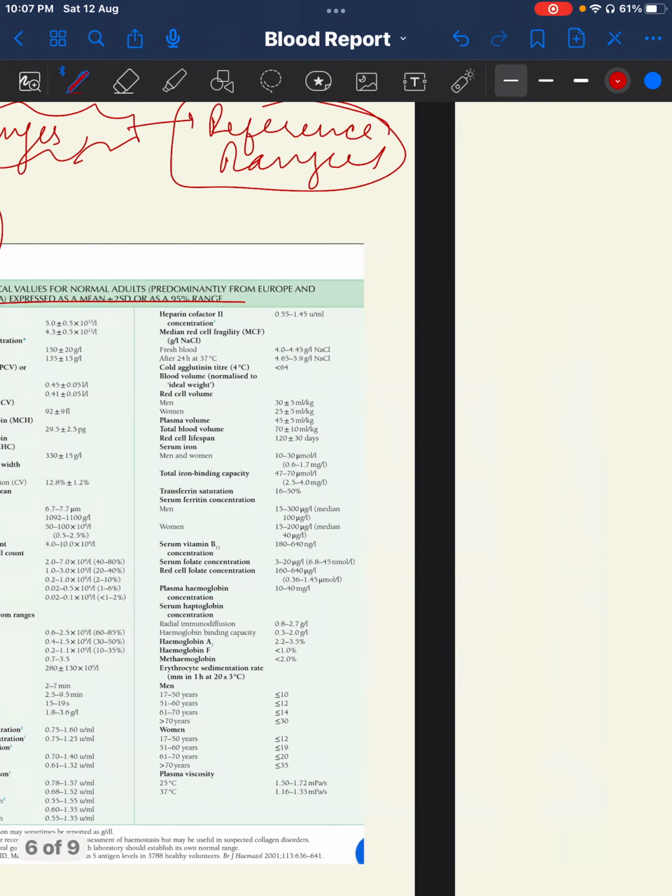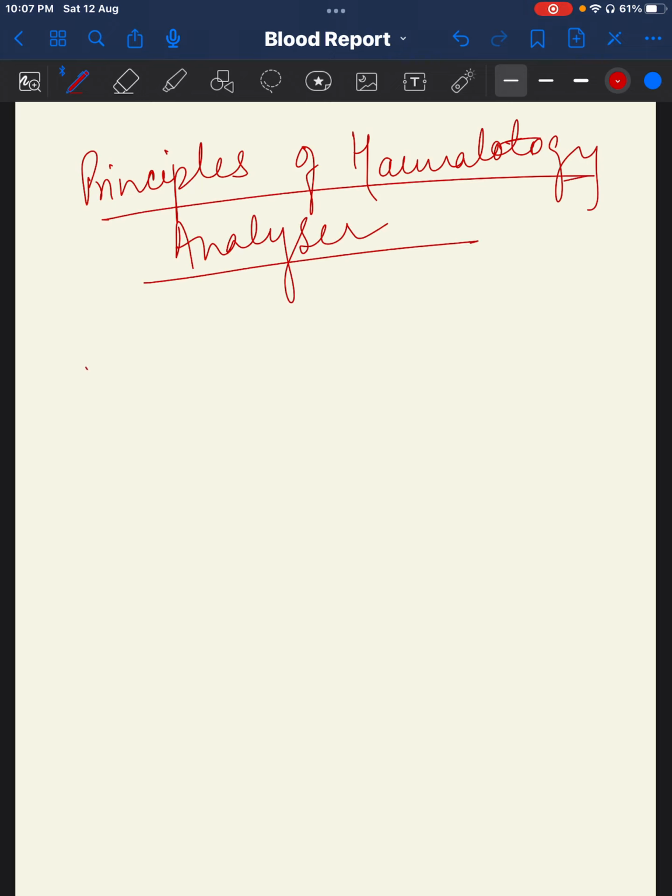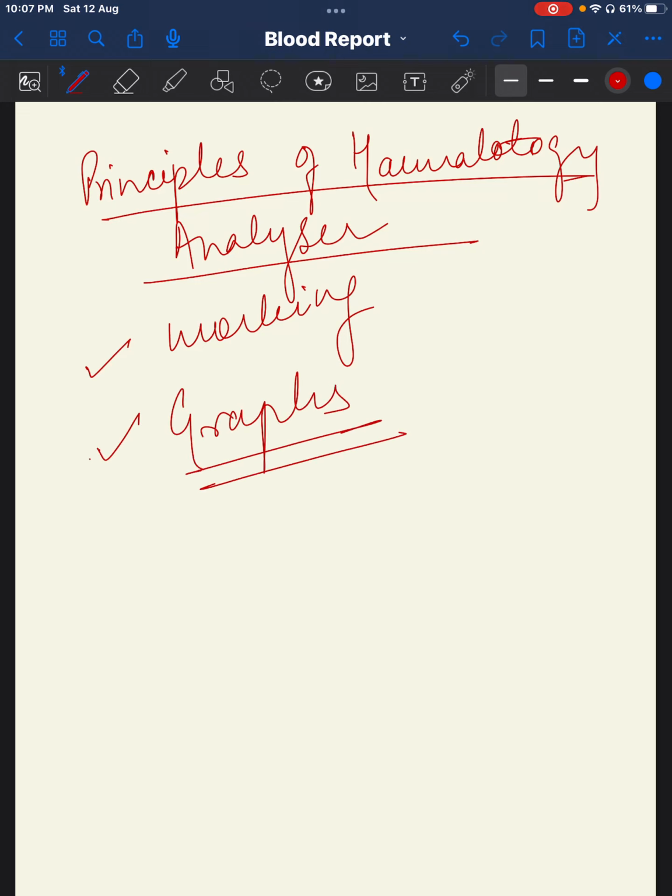In the next class, I will be talking about the principles of these machines, the hematology analyzer. Today I just talked about what they are. In the next class, I will be talking about their working, how the graphs and reports get interpreted through them.